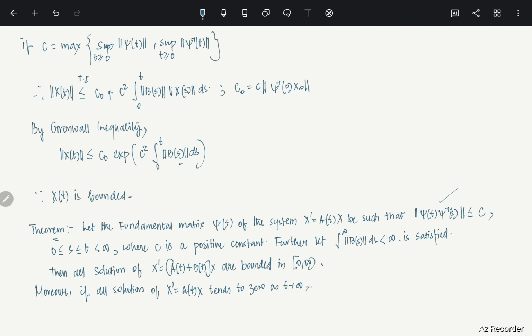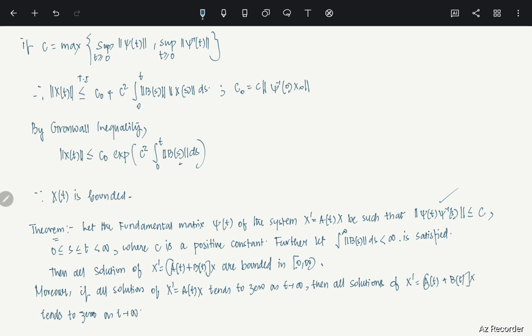Then all solutions of this system, x prime equals A(t) plus B(t) times x, the perturbed system, tend to 0 as t tends to infinity.